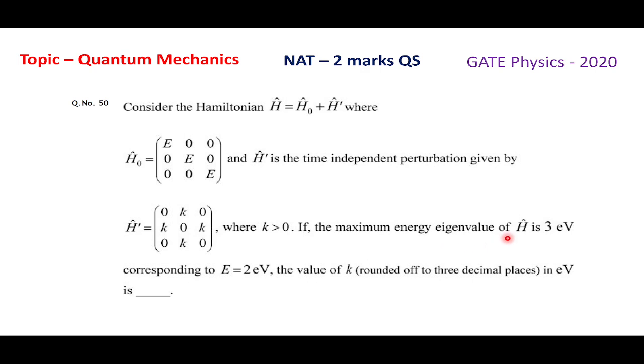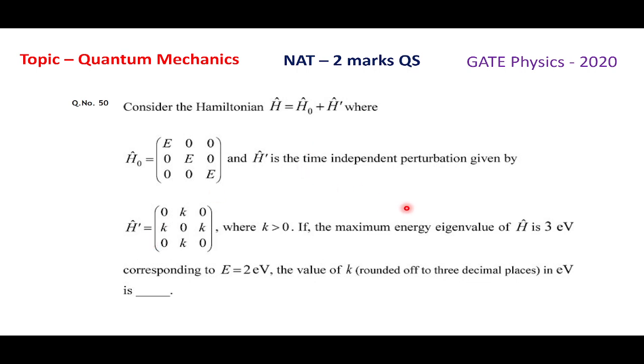In this particular question both things will work. Either you can find the eigenvalues for the total Hamiltonian, or you can find the energy eigenvalue for H naught and the individually corrected terms. You can apply perturbation theory here.